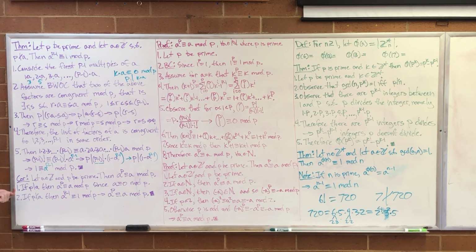Well, we have two cases. If a is any integer, we have two cases. Either p divides a or p doesn't divide a. Those are the only possible cases, right? So if p divides a, then what is a mod p? Now, if p goes into a an even number of times, what is a mod p?